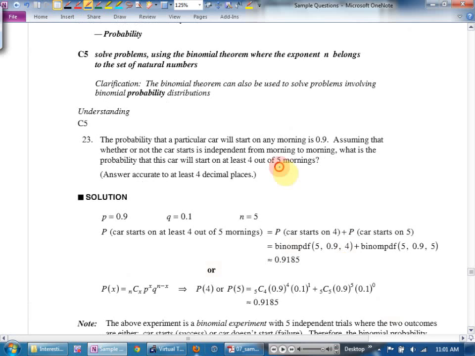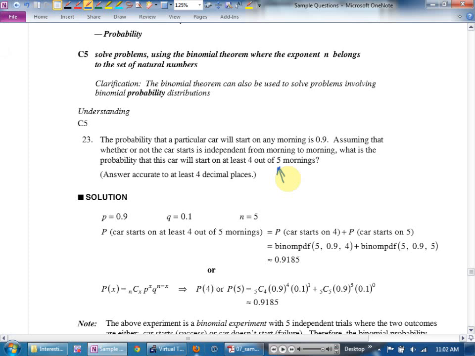A binomial probability distribution function means the odds never, ever change, which means it's not a bucket. Bucket was a card question because in a card question, the odds changed each time you picked a card. So that's how I know it's a binomial.